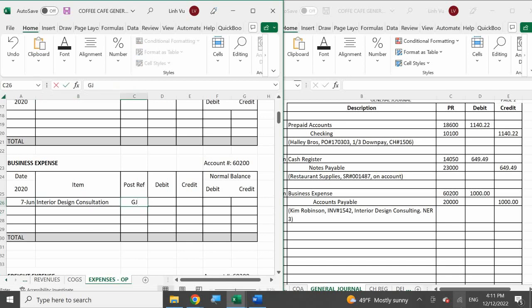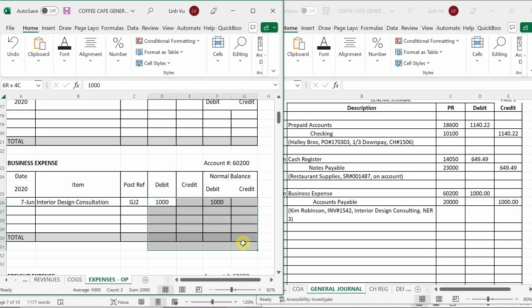Okay. General Journal, page 2, for $1,000. So therefore, I have the expense for $1,000.